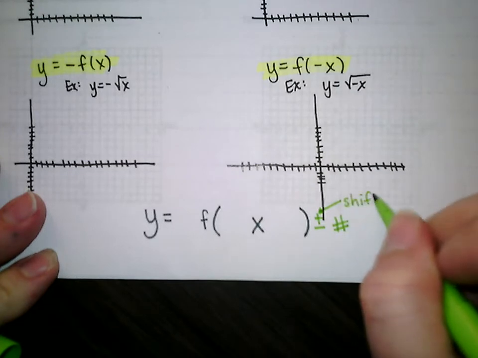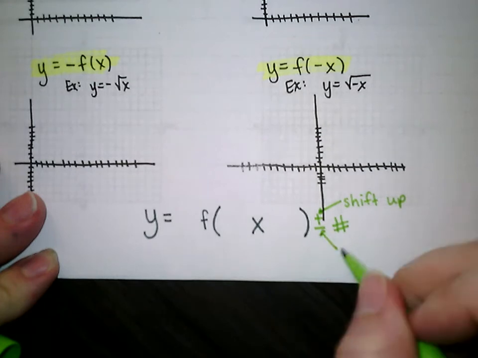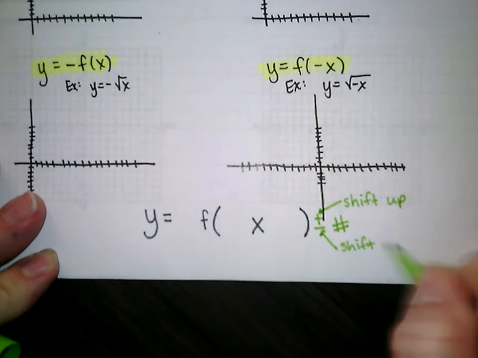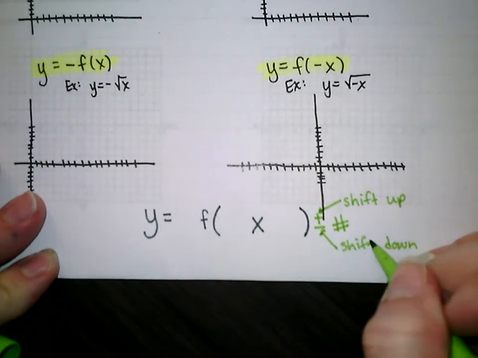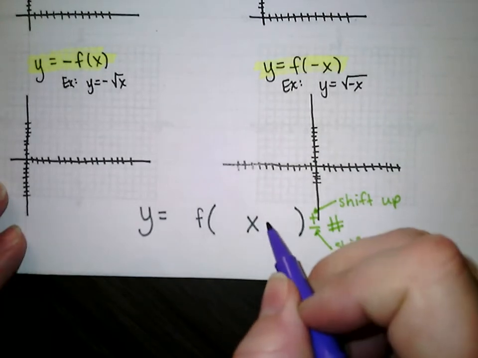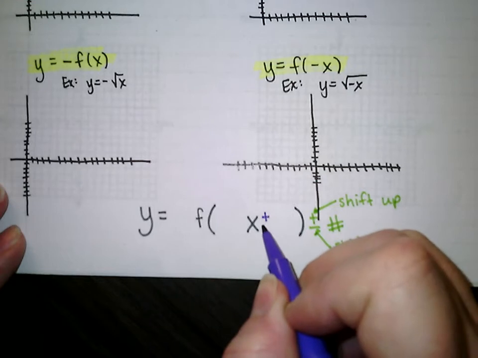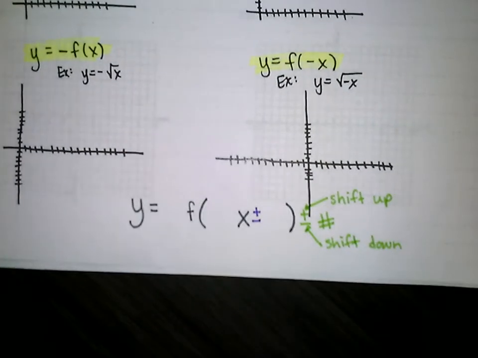So if it's added, it's going to be a shift up by however many units. If it's subtracted, it's going to be a shift down by however many units. And that is going to affect the place that we start graphing our graph. So shifts are going to affect where we start. Stretches, compressions, and reflections are going to affect our pattern.